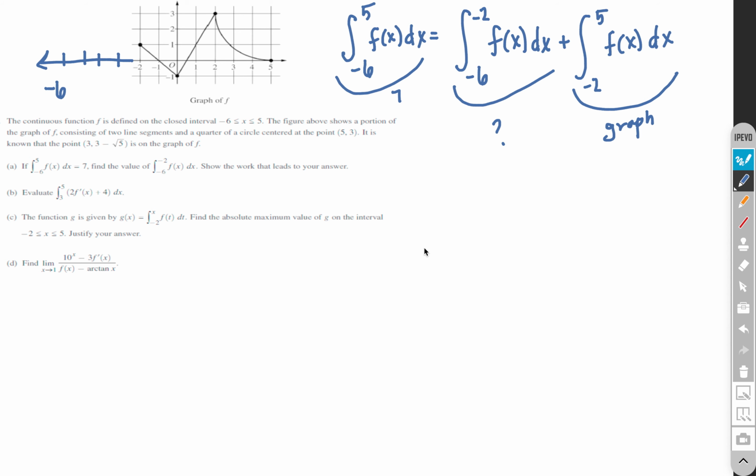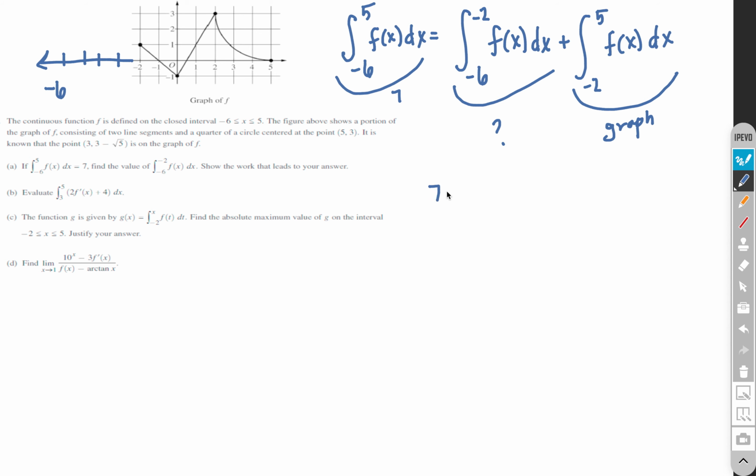All right. So just having that information that the entire integral from -6 to 5 on its interval is equal to 7, and we're being asked for the portion that is not graphed for us, and the portion that is graphed is going to help us figure out the portion that's not.